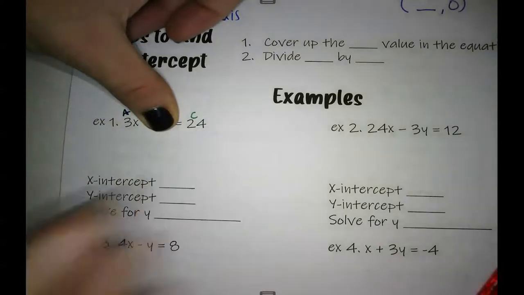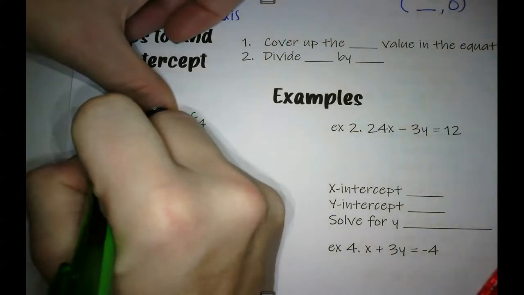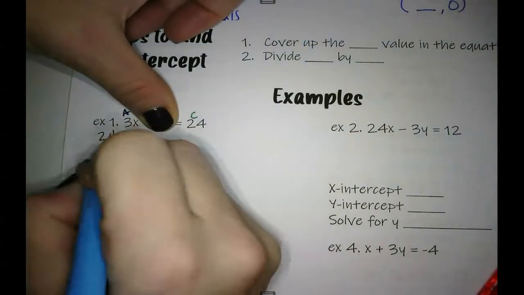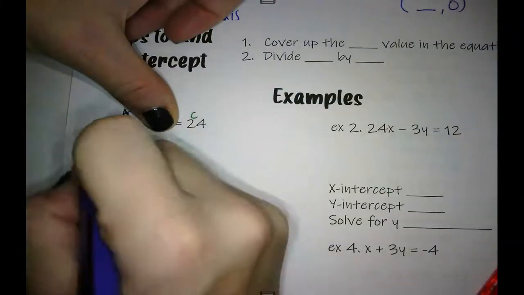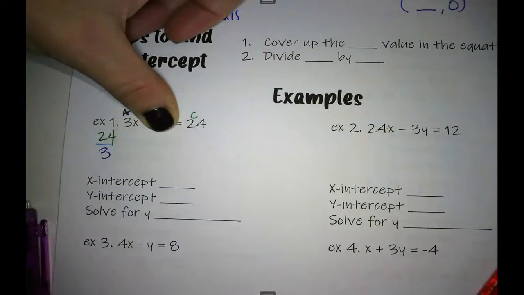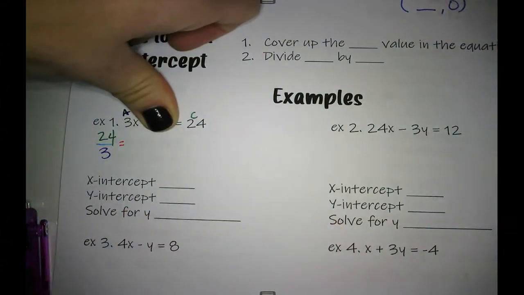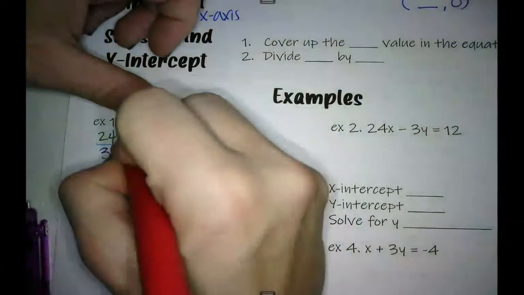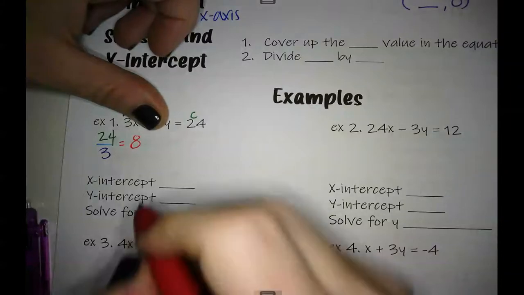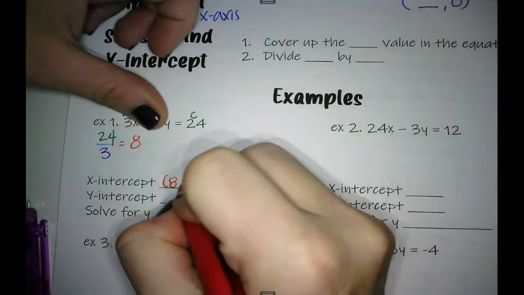And then I'm going to take that C, and I'm going to divide it by that A value. And that gives me 24 divided by 3 is 8. So my X-intercept is at 8, 0.